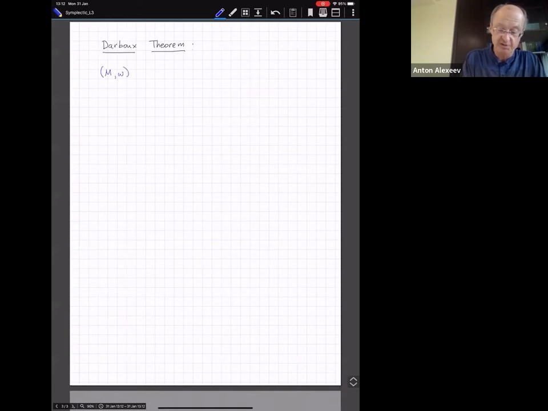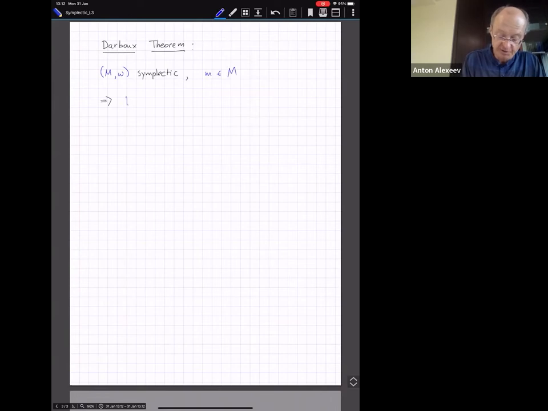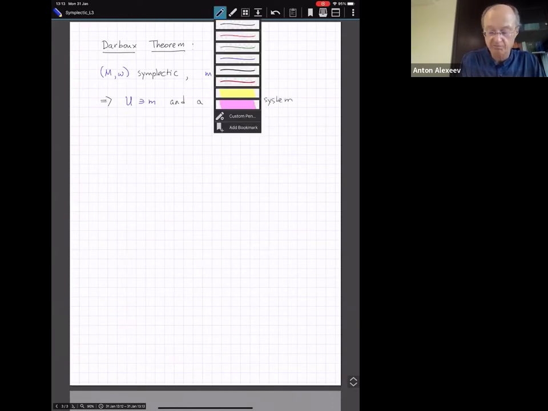You have a symplectic manifold, and you choose a point m in M. The claim is that there is an open subset U of M which contains m, and a coordinate system, or you can say a chart.